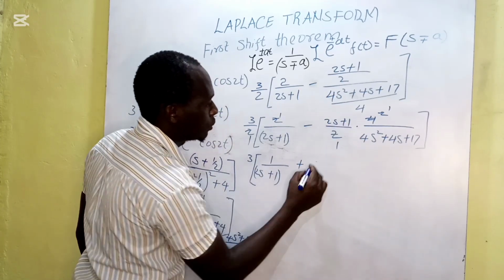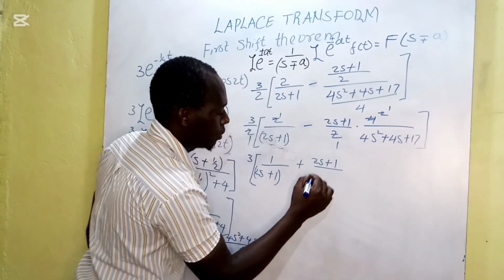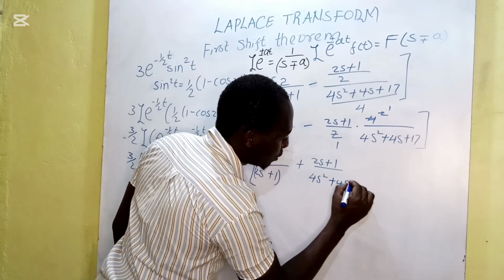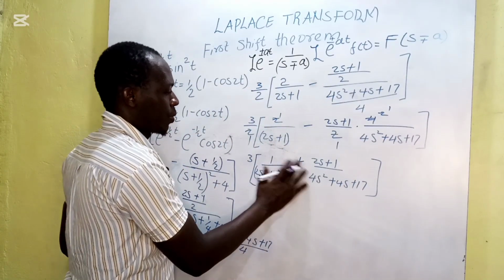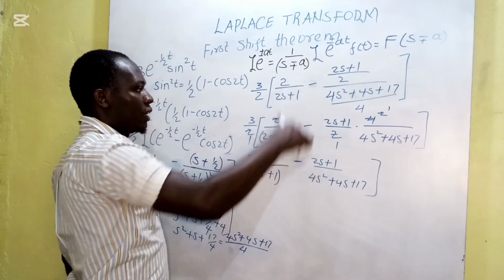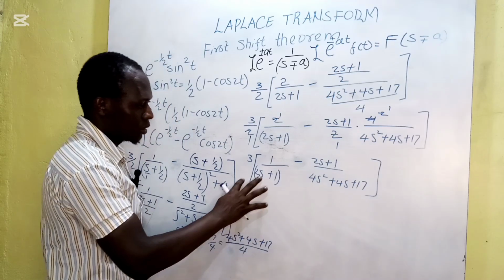We come and add to 2 as we add to 1 all over 4s squared, we add to 4s, we add to 17. Here we are supposed to be having a negative. I keep on forgetting about the negative, sorry for that.